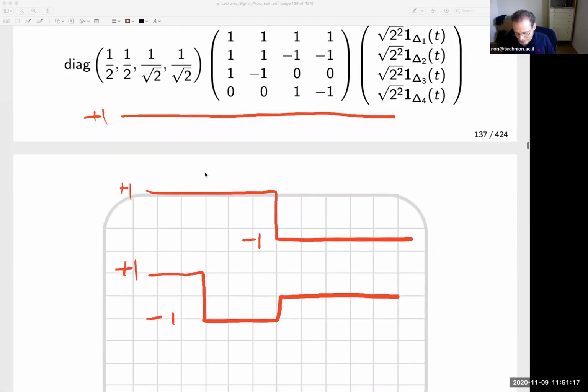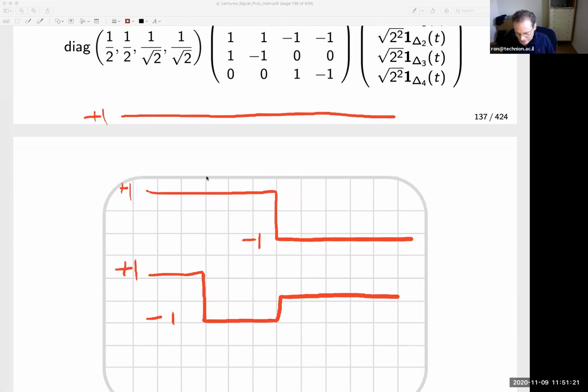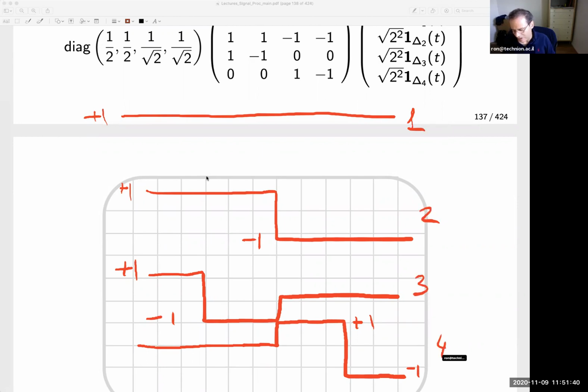So the last one, let's bring the grid on, would be 0 until the center, then +1, then -1. Okay, so this is the first, the second, the third, and the fourth Haar.